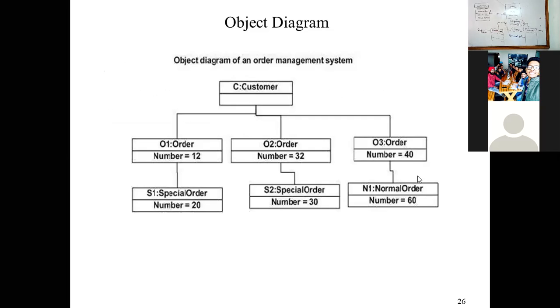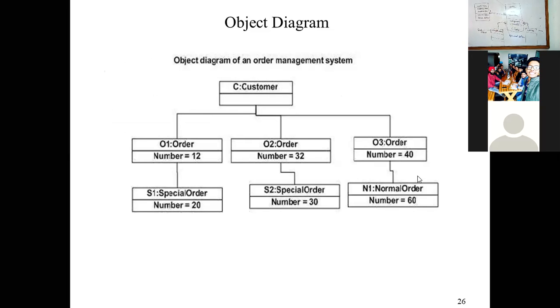So this is the object diagram of an order management system. You can see the customer is interacting with the orders, and there are three orders, or we can say three objects or three instances. A single customer has placed three orders with the numbers 10, 20 and 40. O1 is the first order, O2 is the second order, O3 is the third order.